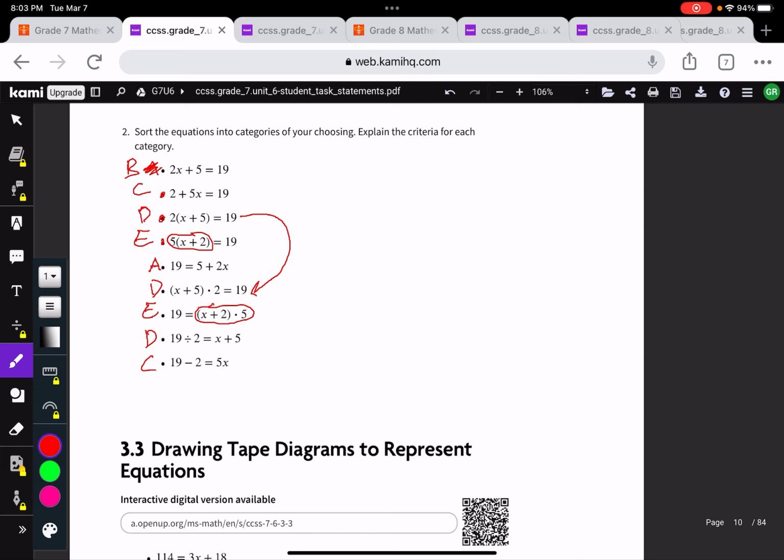If you're thinking what I'm thinking, the most obvious categories would be some of these, like this one, this one, this one, this one. They all have parentheses, and some of them don't. That's worth noting. It makes a big difference if they have parentheses or not.